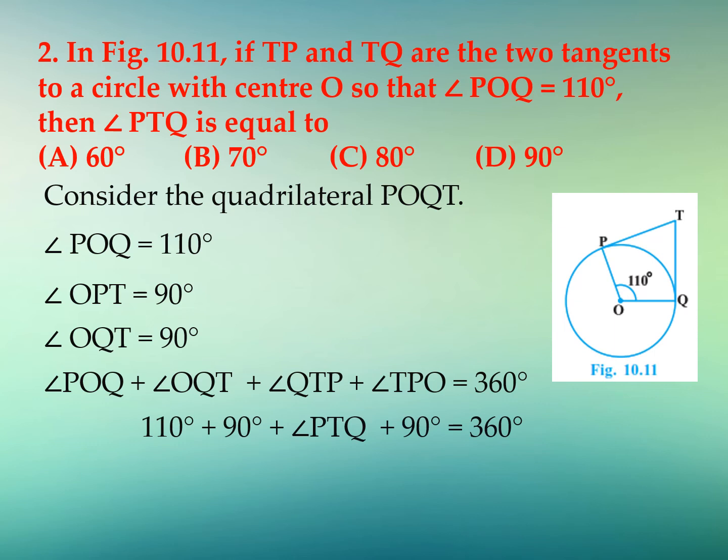The known angles can be substituted, which gives you angle PTQ equal to 70 degrees. This is nothing but option B. Option B is the right answer for this problem. So with this we are able to conclude which is the right option, and this is one of the important concepts we can be using in our problem solving here.